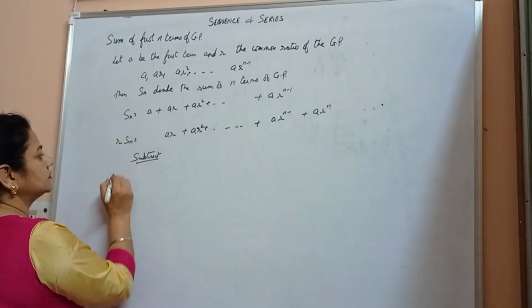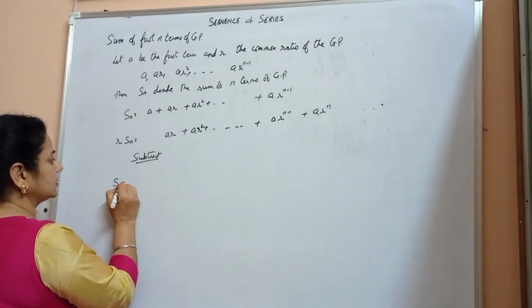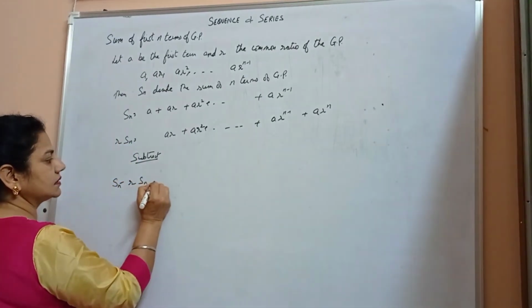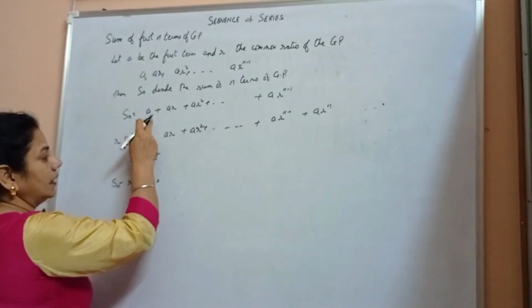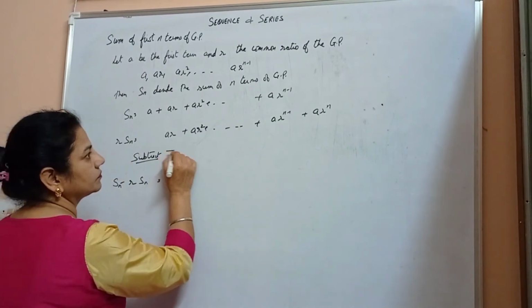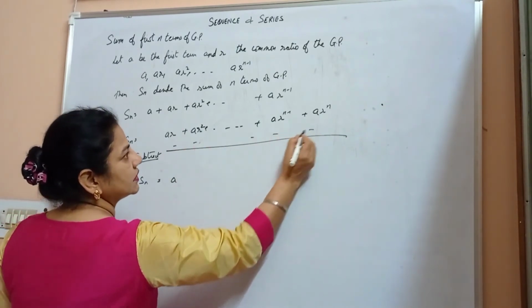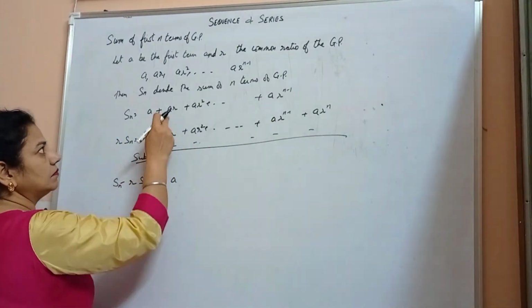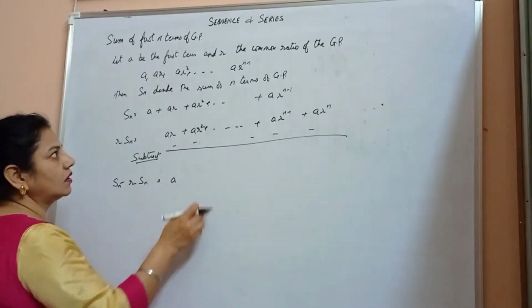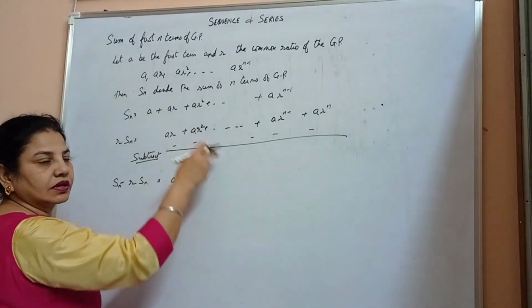sign gets changed. This becomes Sn minus R times Sn. A will remain same. AR minus AR cancel out. AR square minus AR square cancel out.